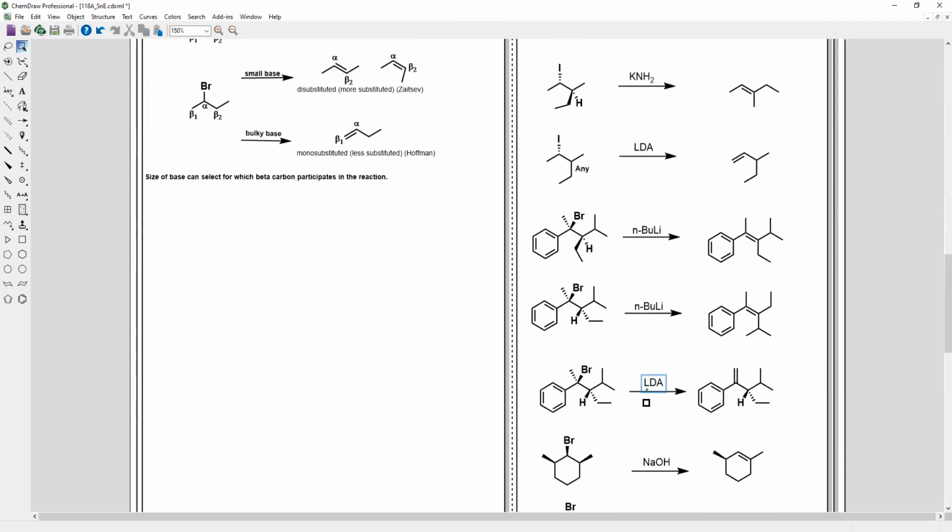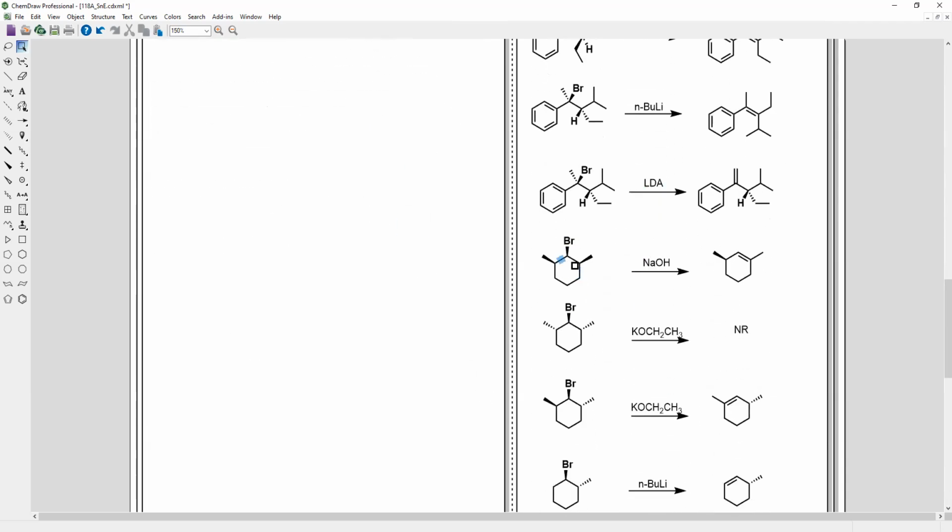Now ring molecules are kind of interesting because rings lack the rotation that linear molecules have. Rings can't rotate, and so whatever stereochemistry you see is absolute. So if I have this molecule here where bromine is a wedge and its beta carbons have these wedge methyls here, that means that the hydrogens that are beta here are going to be dashed.